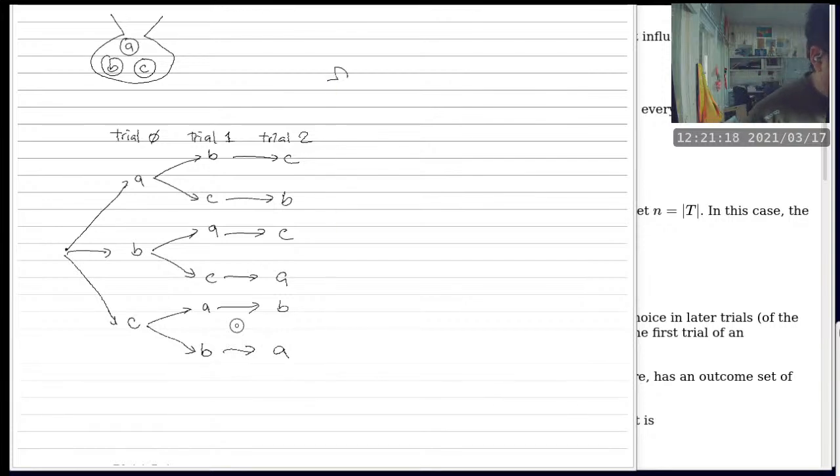So in this case, omega is basically the tuples. They're all 3 tuples. So we'll have A, B, C. We'll have A, C, B, B, A, C. I'm not going to write the commas anymore because it just takes extra time, but there are implicit commas between the letters.